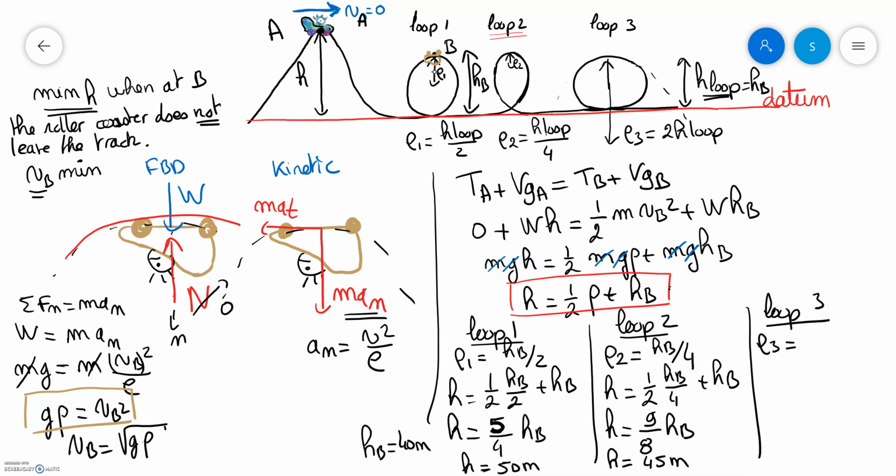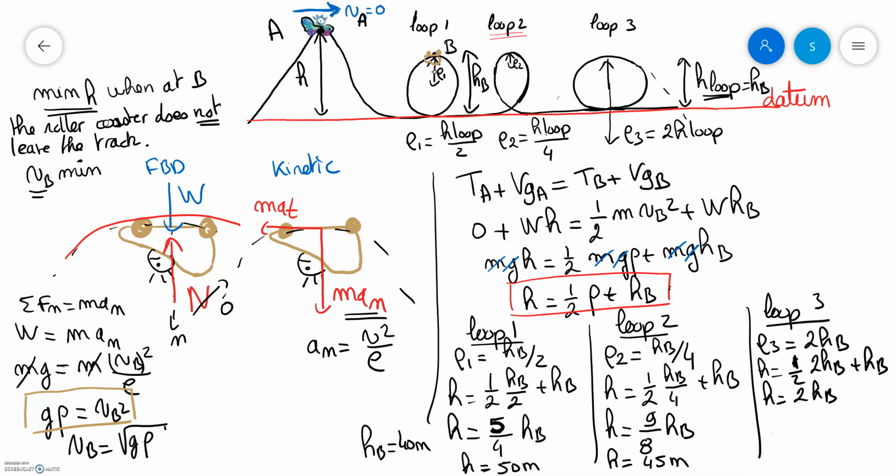And loop 3: rho 3 equals 2 HB, so 2 times the height of the loop. From this formula, h equals 1/2 of 2 HB, plus HB, so h is equal to HB plus HB, equal to 2 HB.